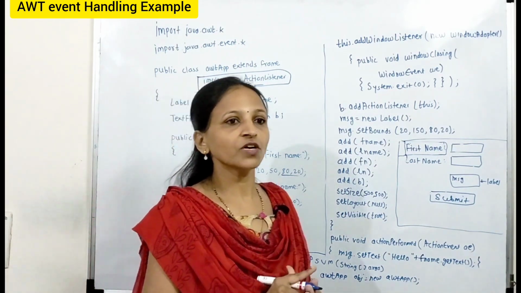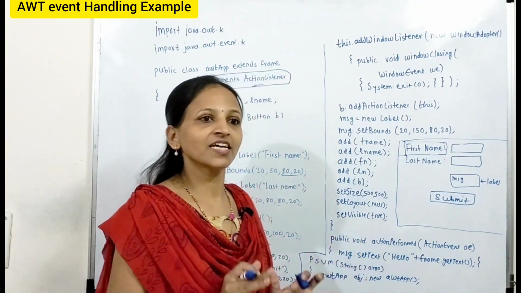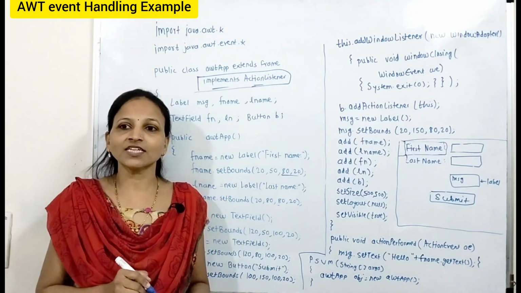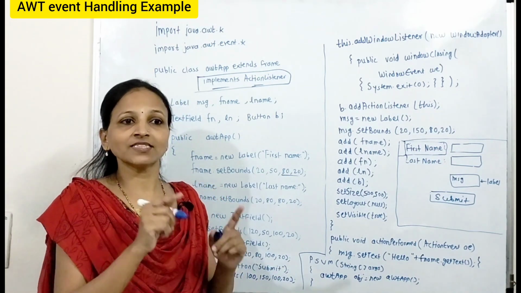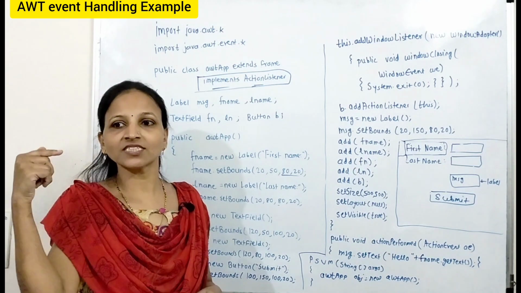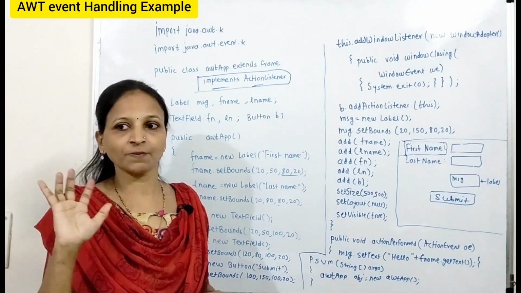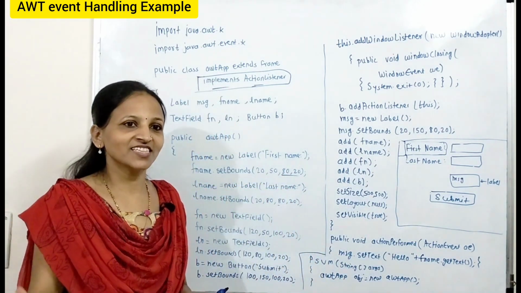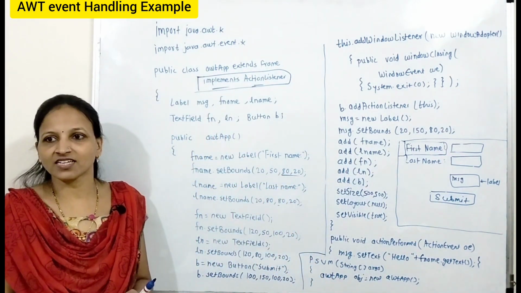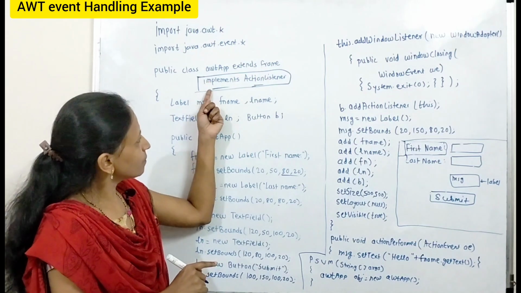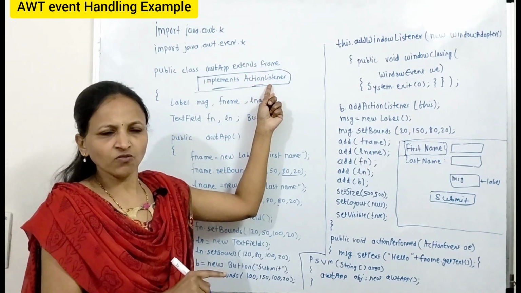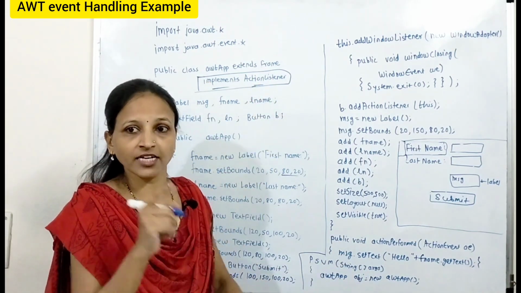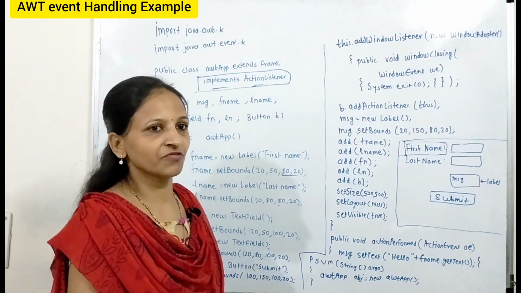Whenever you want to implement an interface inside a class, whatever methods are written inside that interface are all abstract methods, and those abstract methods we have to write inside that class, that is, implement in that class. Here I have written implements ActionListener. Now what is this ActionListener? ActionListener is a built-in interface.